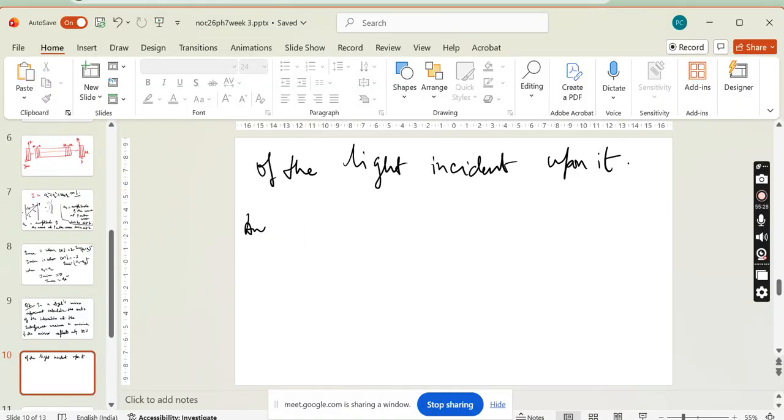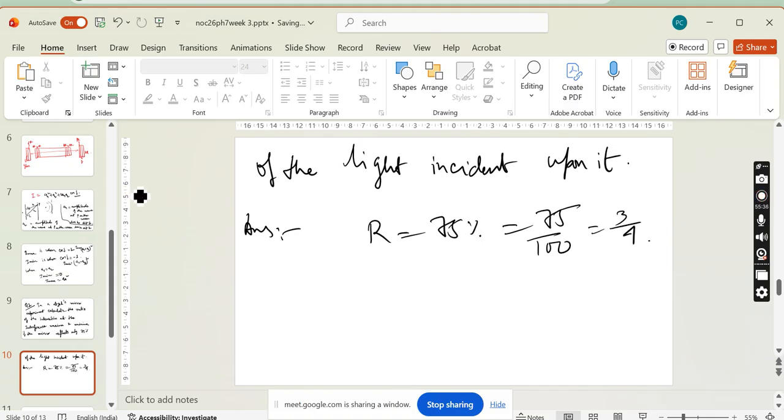So here the answer is reflectivity is 75%. So that is 75/100, so that is 3 by 4. So the amplitude reflection coefficient is basically root of R. So that is root 3 by 2.